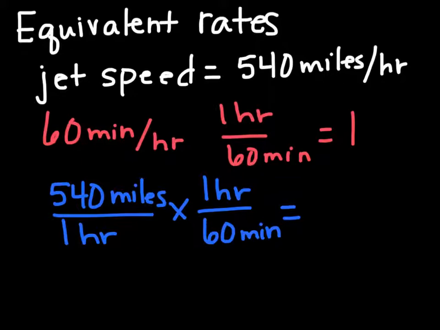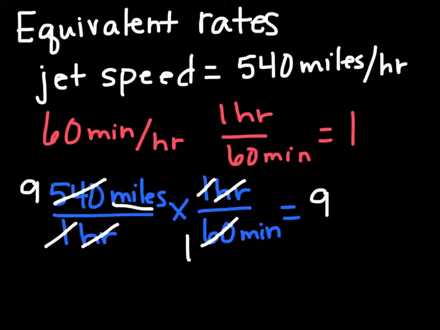So the hours will actually cancel one another, as will the ones. Okay? We can divide 540 by 60, leaving us with 1 here. And when we cross multiply, that gives us 9. Okay? So what do we have left? We have 9 miles per minute. Okay? And there it is. The jet travels at a rate of 9 miles per minute.